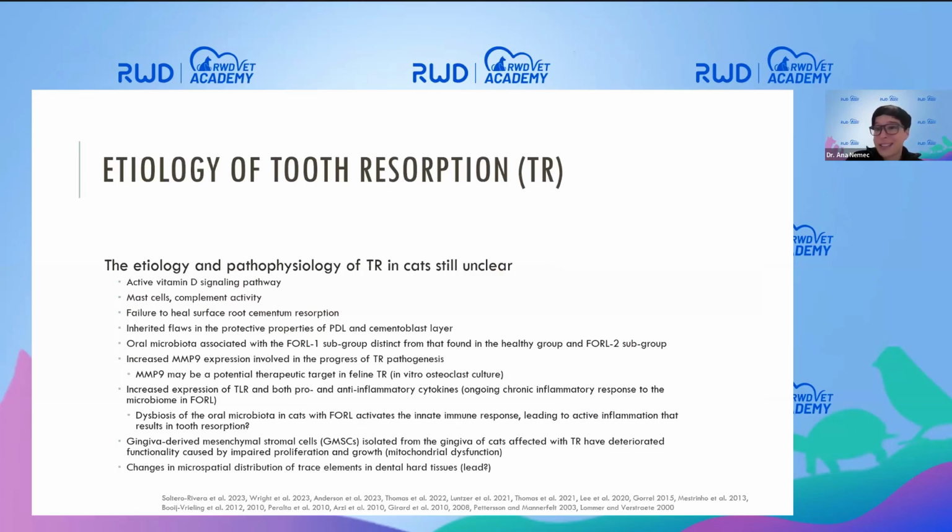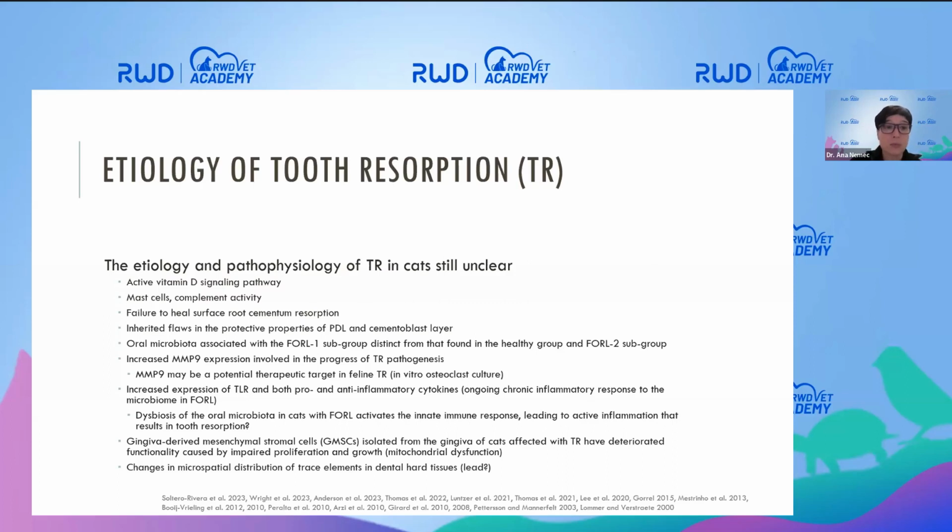Regardless how many studies are out there, and the references are below on the slide, these are all studies looking at possible mechanisms, etiology, pathways of how tooth resorption happens. And this has been going on for decades, and we still do not know why tooth resorption happens on adult dentition.